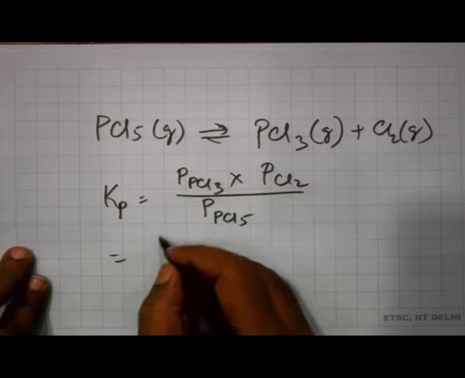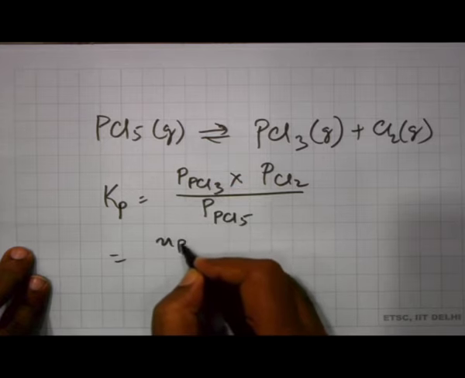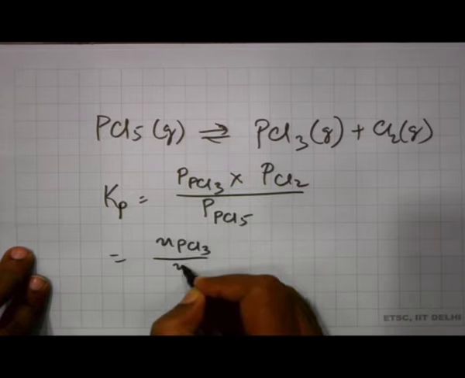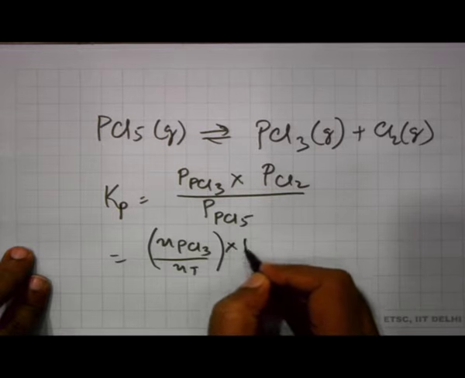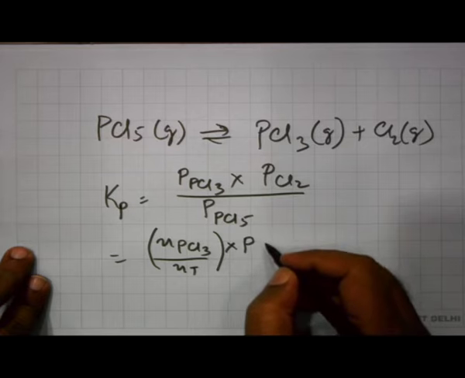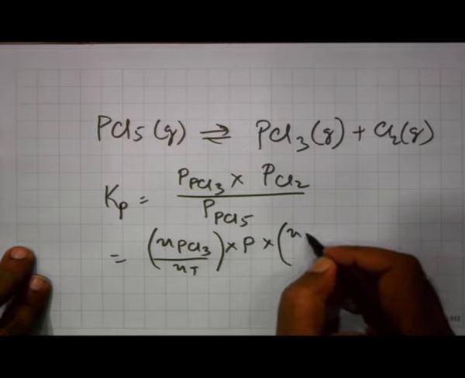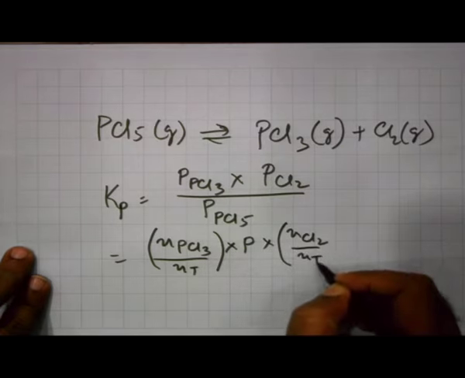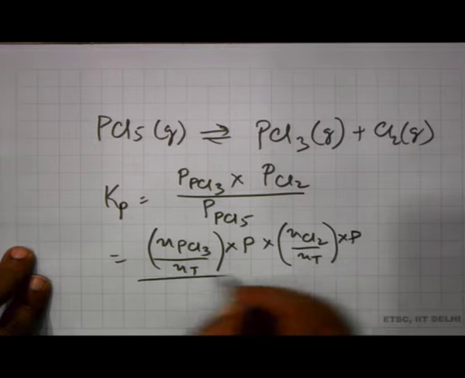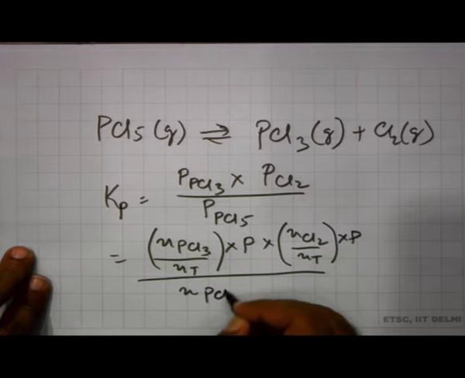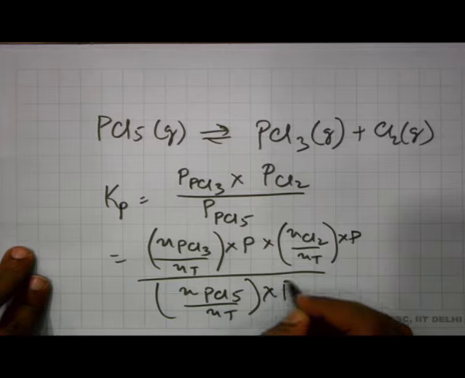In mole fractions, this is N of PCl3 by Nt times total pressure, into N Cl2 by Nt times total pressure, divided by N PCl5 by Nt times total pressure.